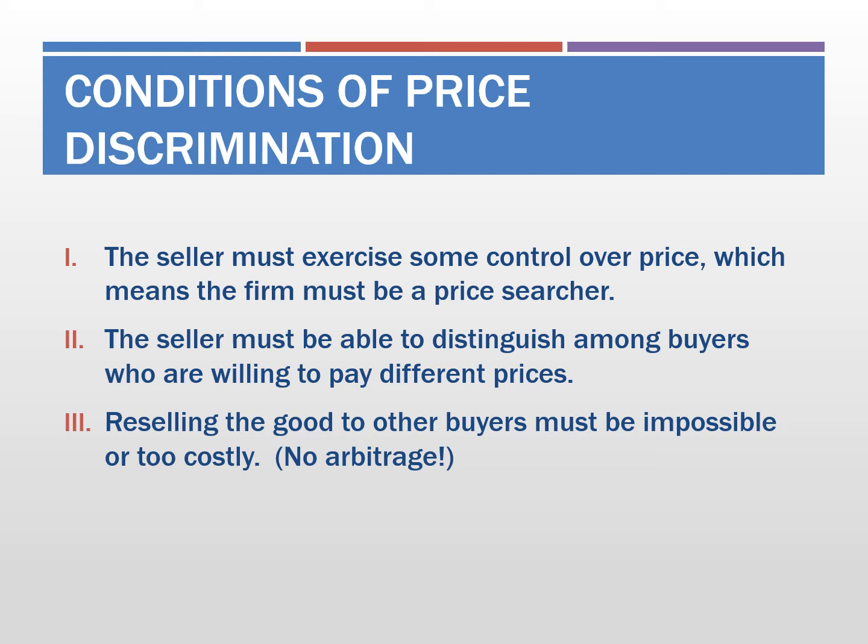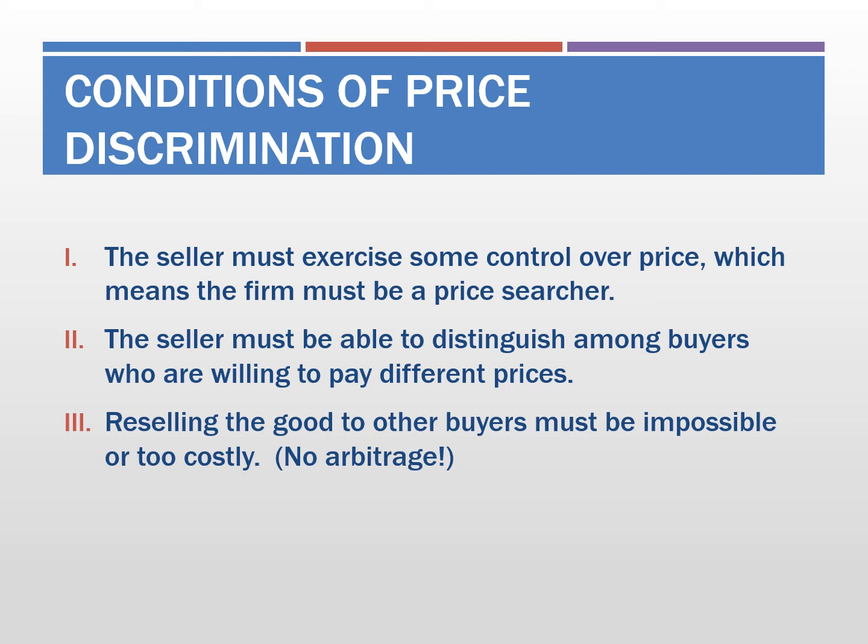And number three, in a price discrimination environment, reselling the goods to other buyers cannot be permitted. That means there is no arbitrage. Imagine you are buying a movie ticket at full price, and your niece can buy a movie ticket at the student discount price.